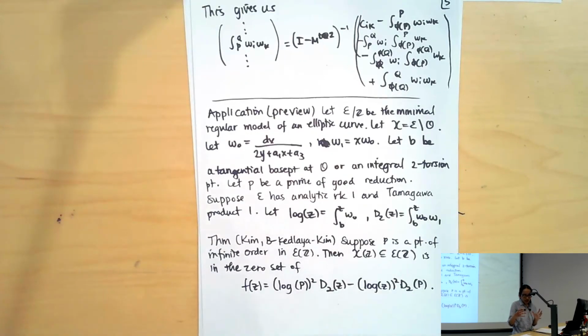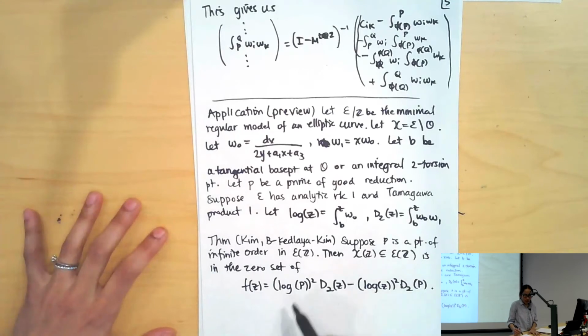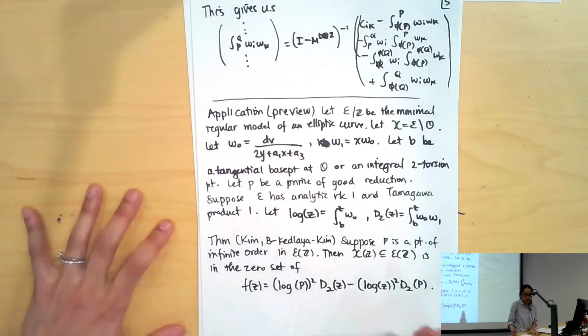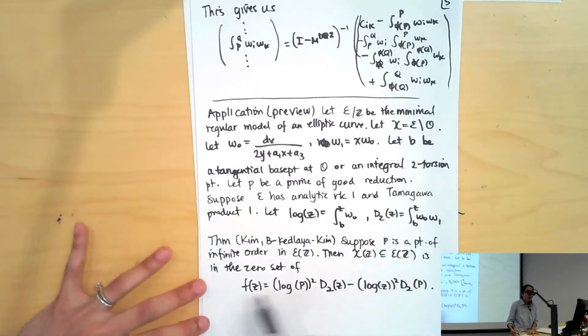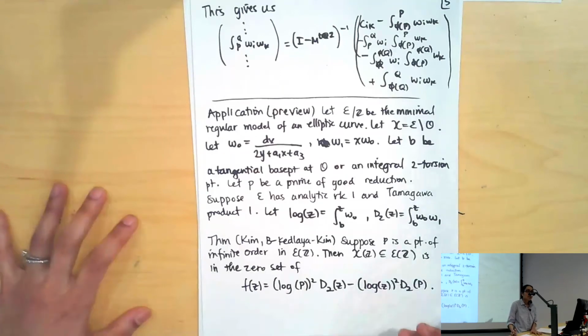They also take into account the size of the curve over F_p, and then some information at bad primes as well. So in the case of integral points on elliptic curves, we can do that as well. In practice, we could also compute this and just see how many zeros it has.